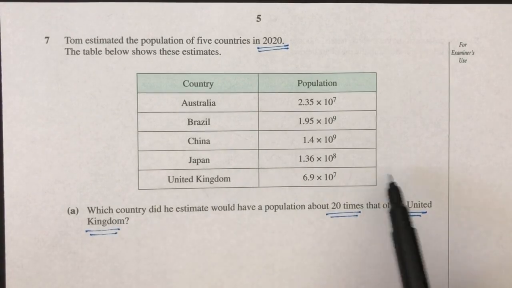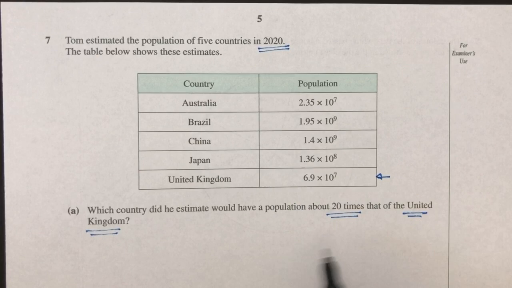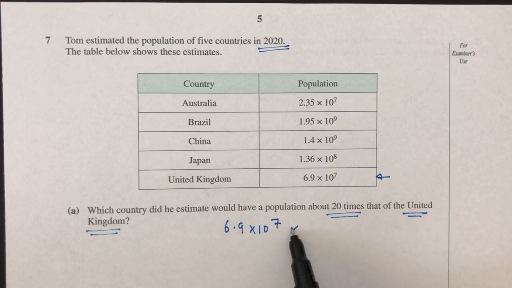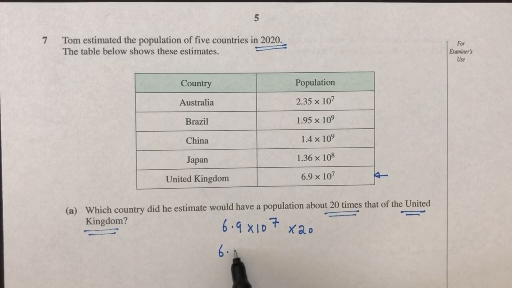UK is here. So we have to times 20. We can first take this out, so basically we can do 6.9 times 20, and leave the power of ten on the side.